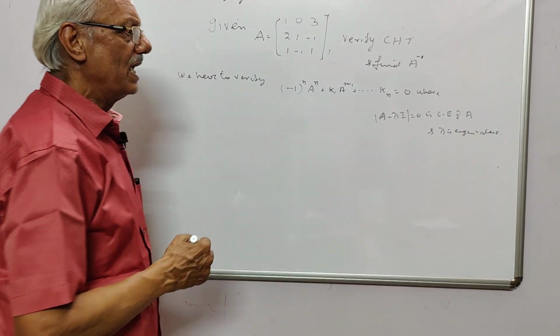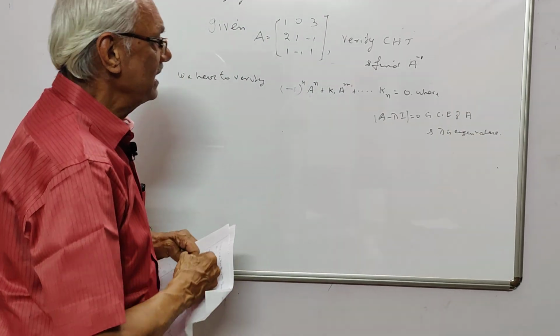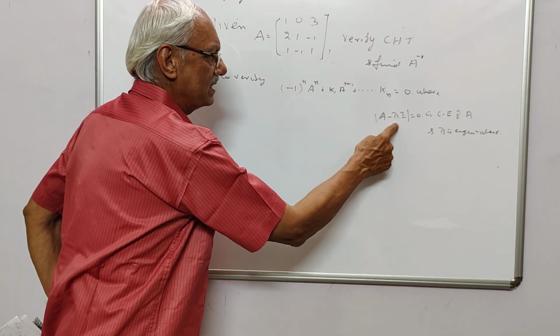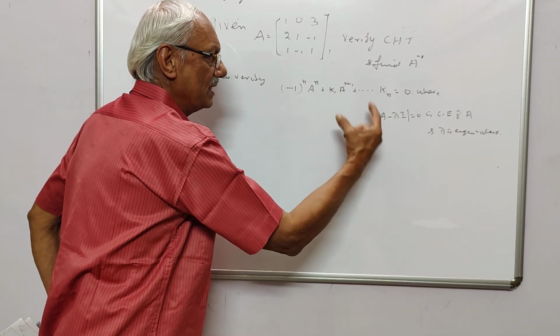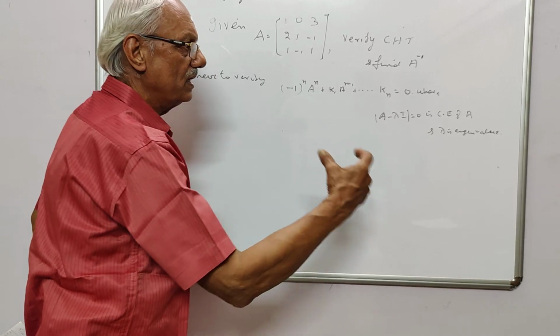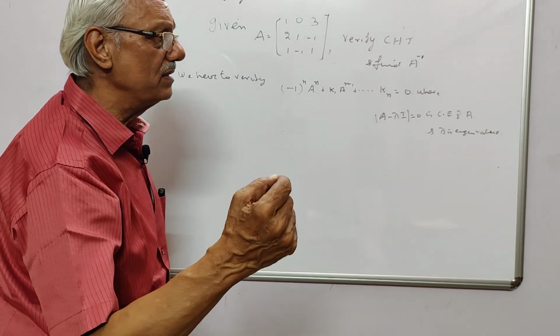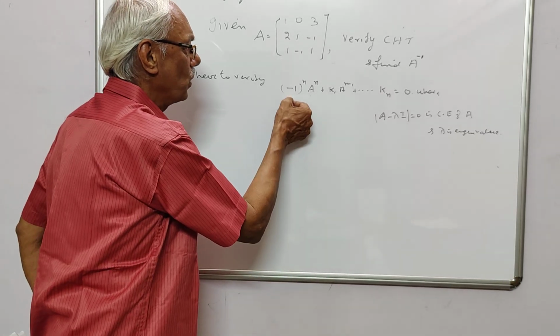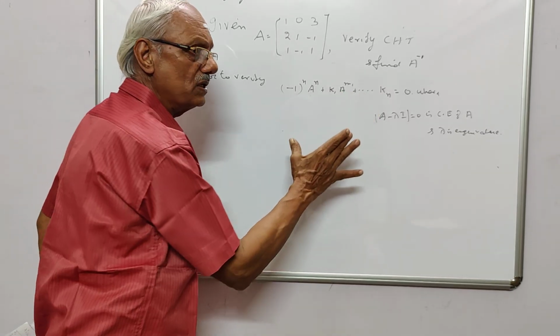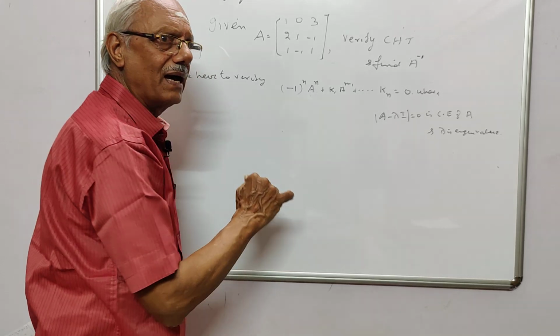So given lambda as the eigenvalue of A, then A minus lambda I is called the characteristic equation. Cayley Hamilton theorem states that, this is the characteristic equation. It's a polynomial in lambda.